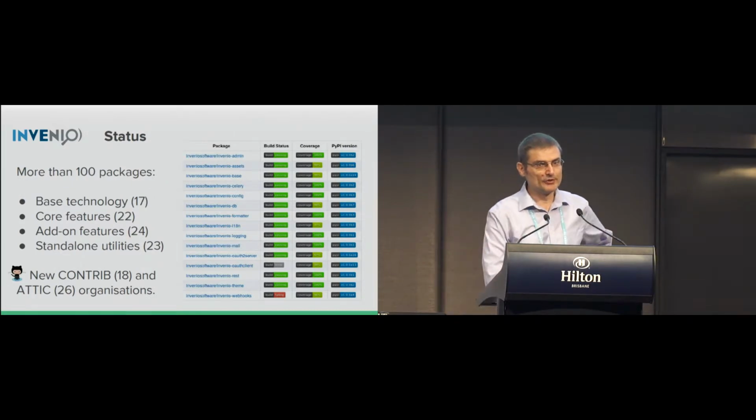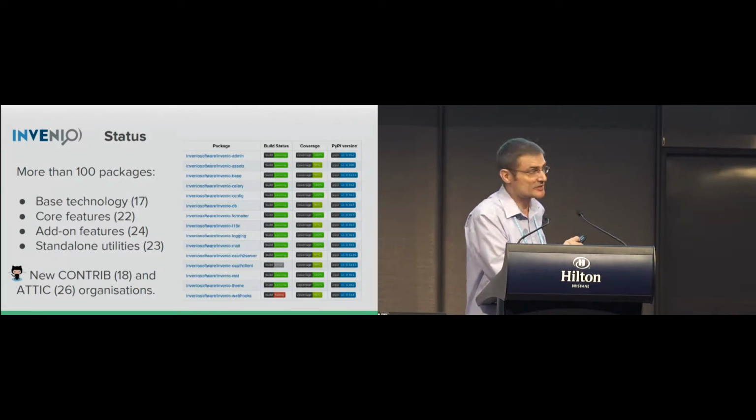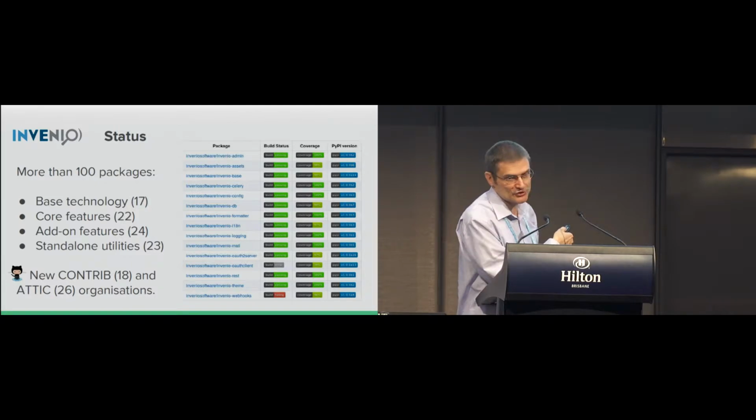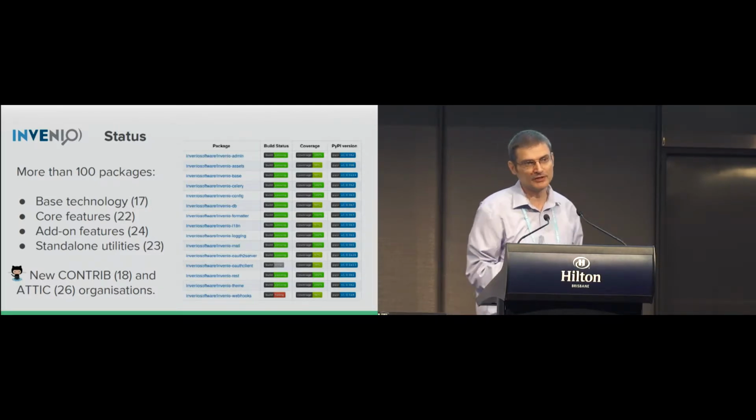The packages we are publishing, we are dividing roughly into categories such as base technology, which is connected to the database, and the core features that everybody needs, probably a metadata store or persistent identifier store. Another one is the add-on features, such as circulation, which you probably don't need if you are a data repository.